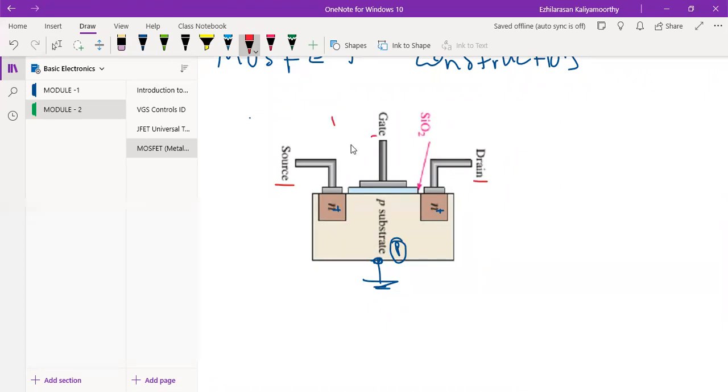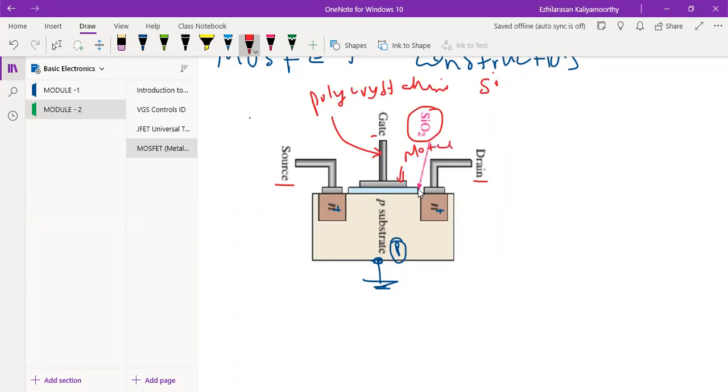Now we see this gate material is nothing but polycrystalline silicon. Now we can see in between, this layer is your SiO2 layer. Now this will be your metal. Okay, this is the metal.